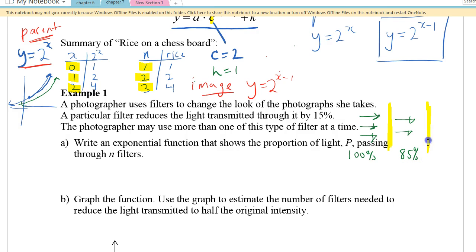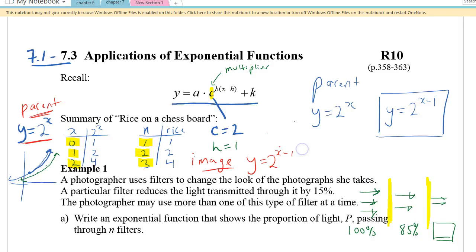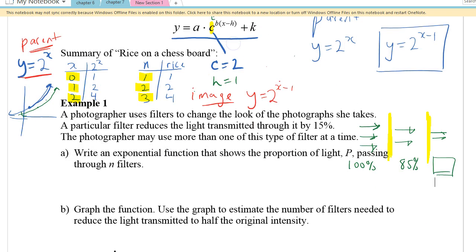So what happens if we add another filter? Clearly less light is going to be getting through. How much light would we get after 2 filters? Well, remember this is exponential functions, so let's think about what our multiplier is. What did we multiply by to get from 100 to 85?